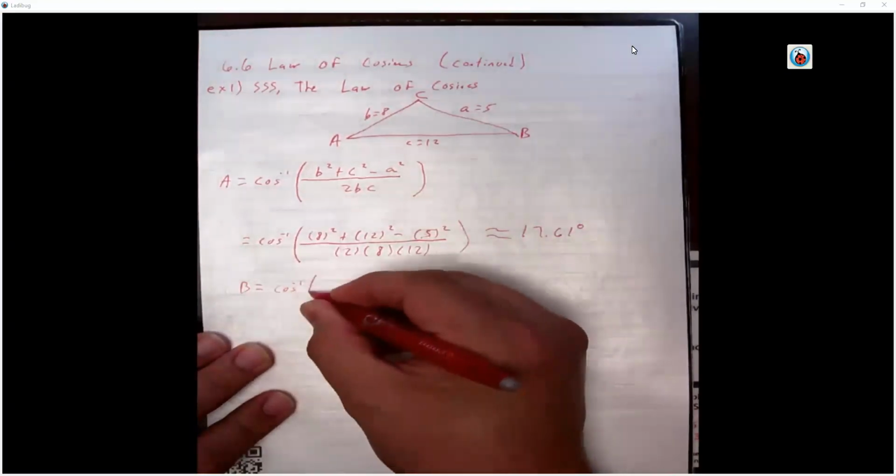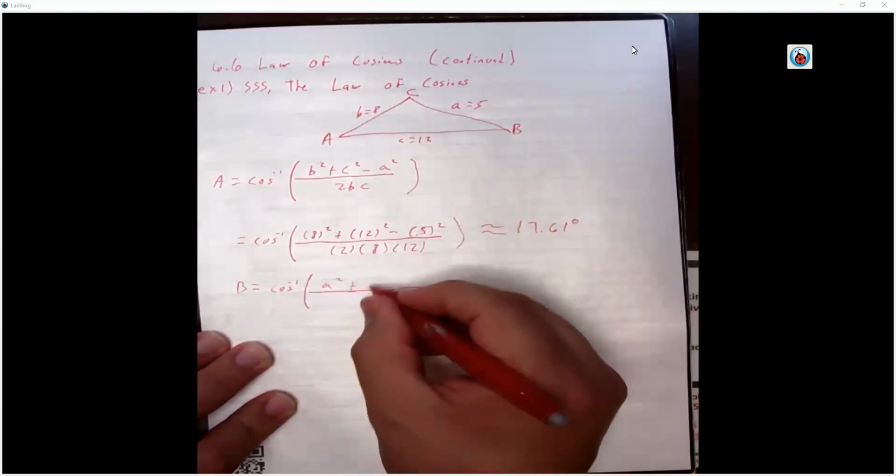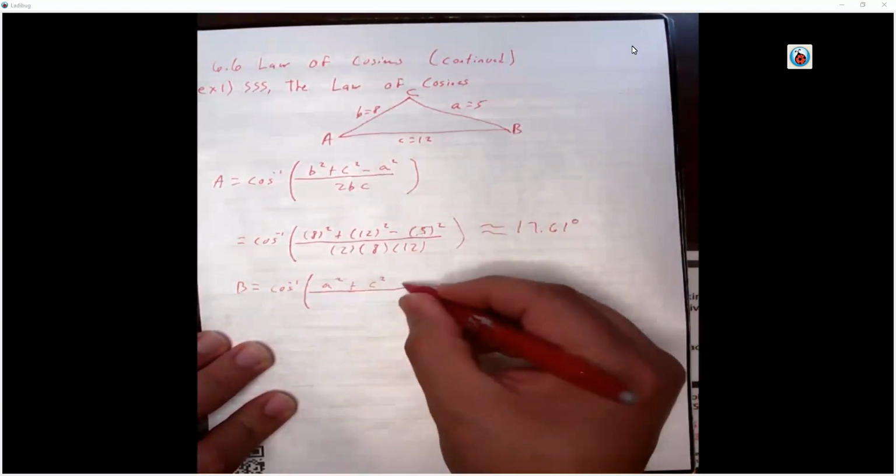Cosine formula for capital B. What was it? A squared plus C squared minus B squared over 2AC.